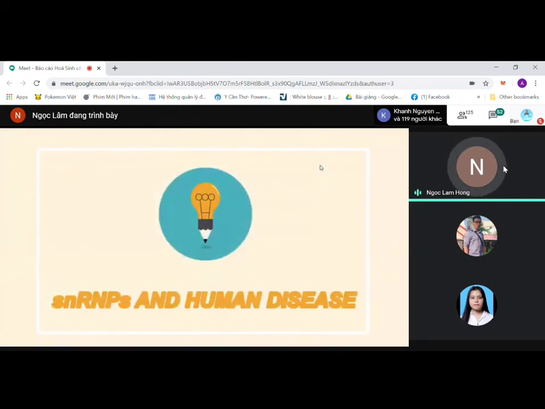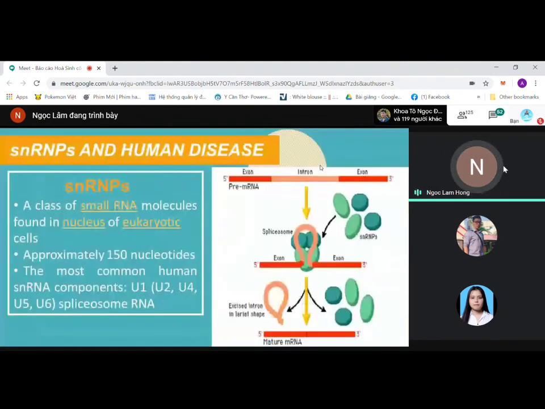And the final part today is snRNAs and human disease. snRNAs are a class of small RNA molecules found in the nucleus of eukaryotic cells, approximately 150 nucleotides, and the most common human snRNA components are U1 to U6, except for U3.